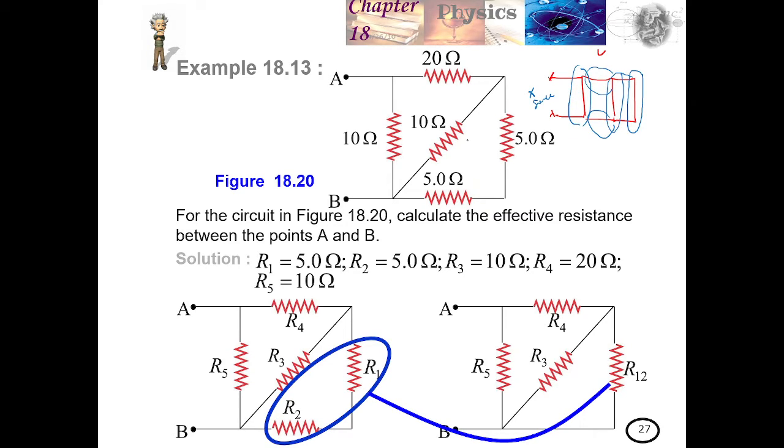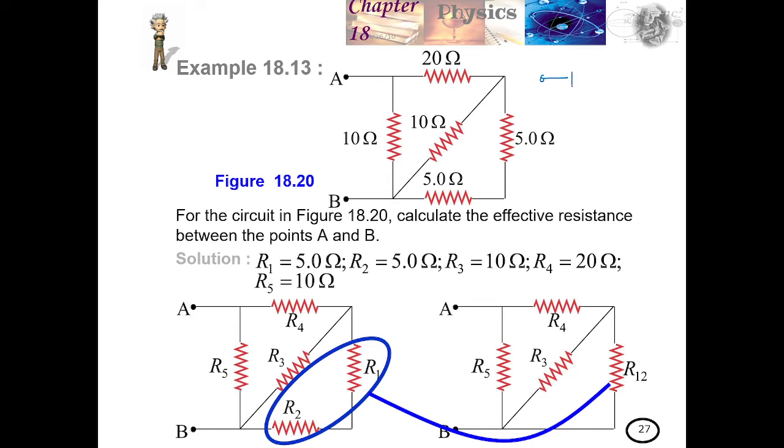Let's say this one. You can see that this resistor is actually hard for you to see when they draw a diagonal resistor like this. What you can do is rearrange it back.